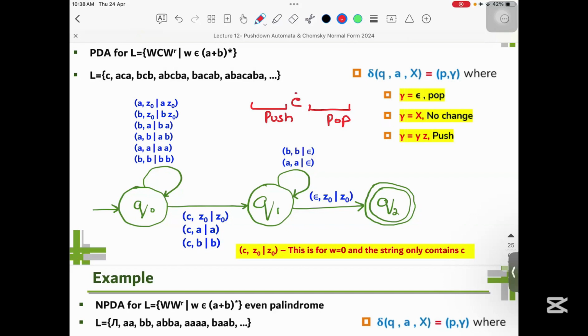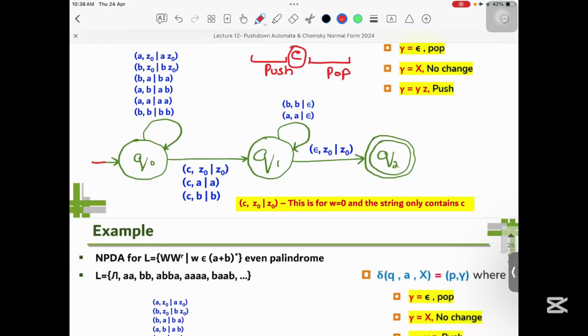So if you have only C, for C we don't need to do any sort of push. We will be in Q0, and we keep Q0 for pushing. We need to change the state: as you are in Q0, the input you receive is C, and on the stack top it is Z0.